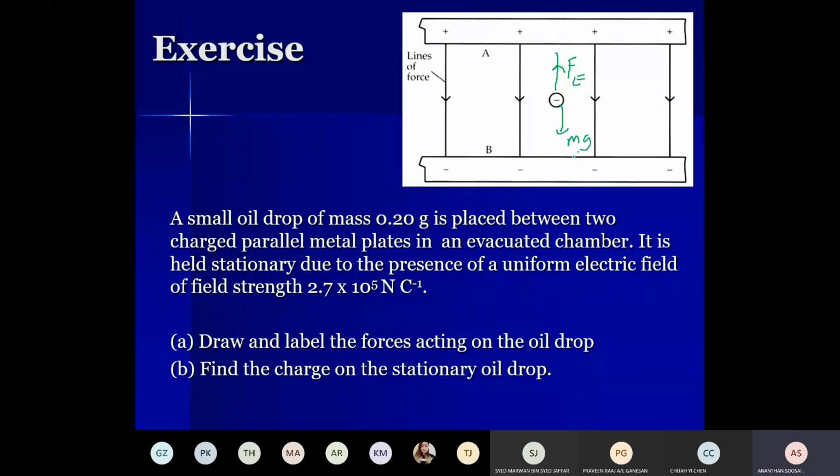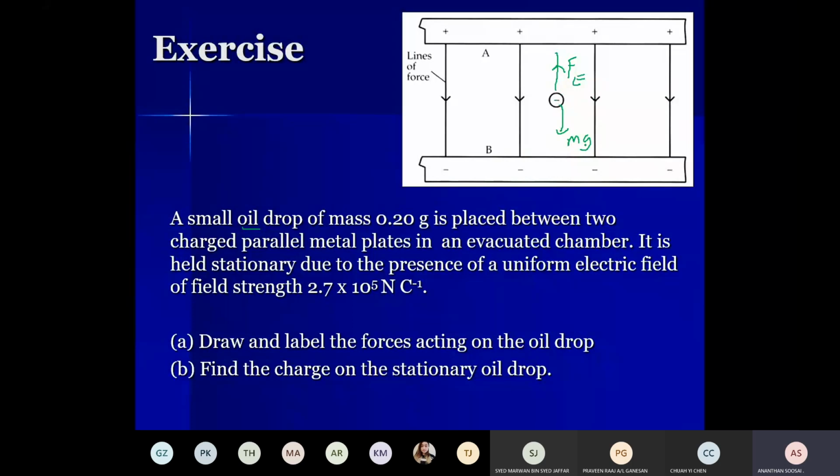mg. Okay class, you have to remember this carefully. As I said, if a charged particle goes into the field and moves like projectile motion, the weight is neglected. For a case like this question, which is another type of question, when a small oil droplet is stationary, the weight is not neglected.